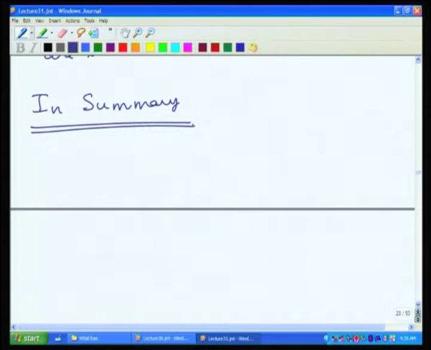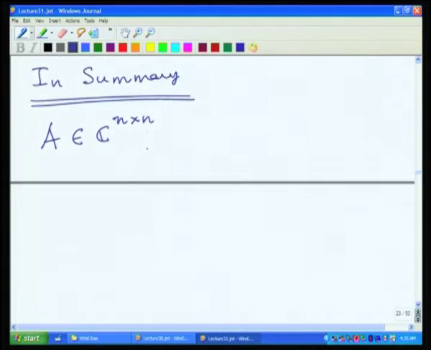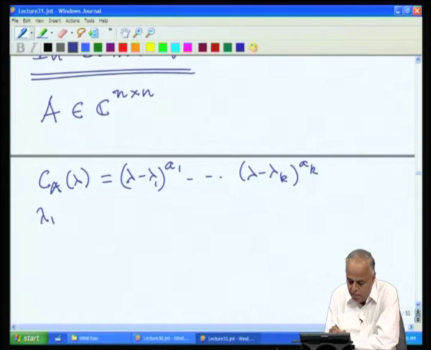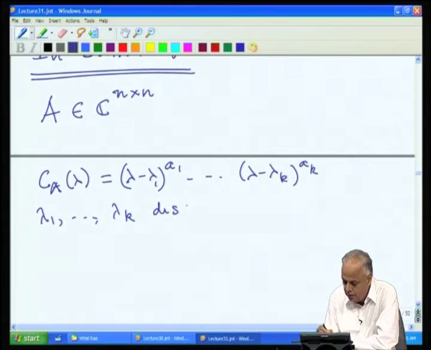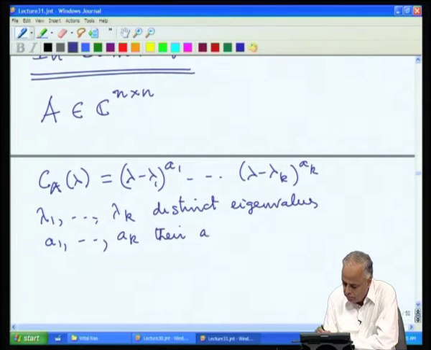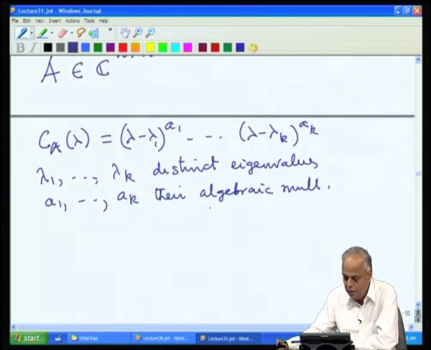So, in summary, we have the following result, namely, suppose I have a matrix A which belongs to the complex n by n, and its characteristic polynomial is (lambda minus lambda 1) to the power of a 1, up to (lambda minus lambda k) to the power of a k, where lambda 1, lambda 2, up to lambda k are distinct eigenvalues and a 1, a 2, up to a k are their algebraic multiplicities.